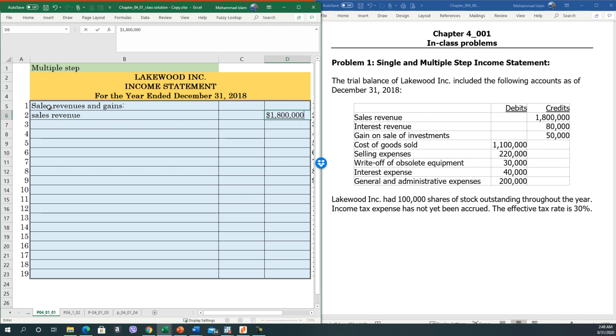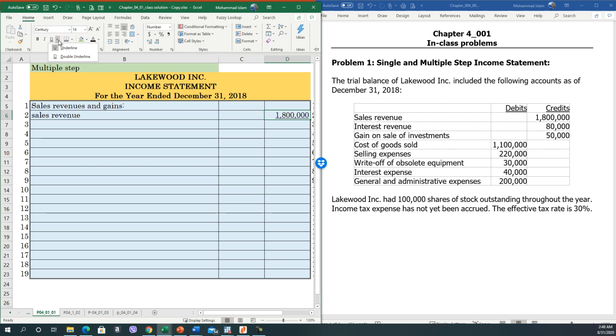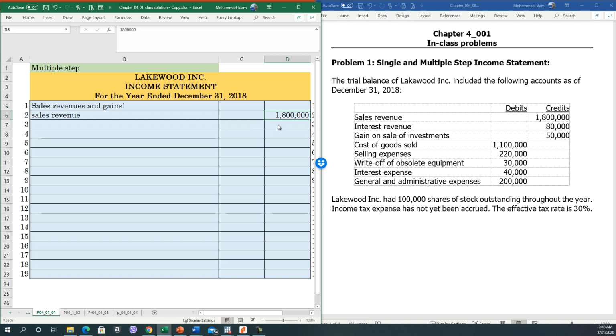1,800,000. Okay. So what we have here is sales revenue, then we have gain on sale of investment.